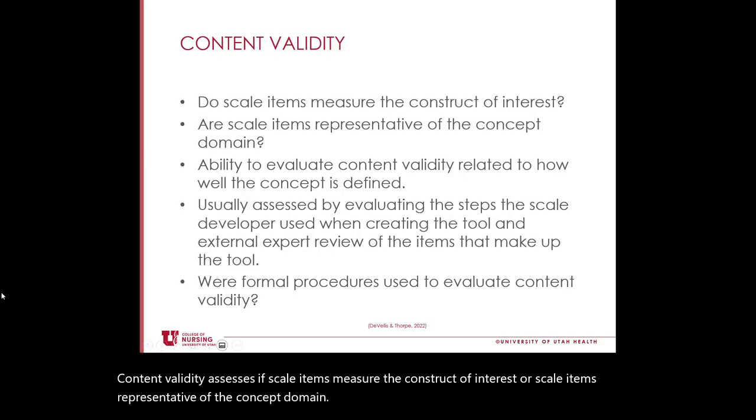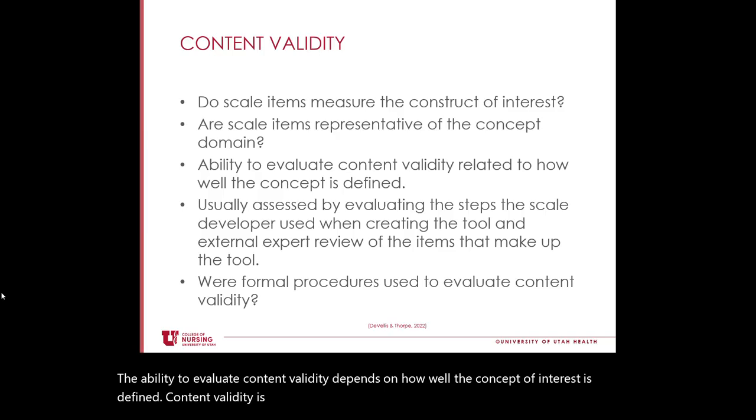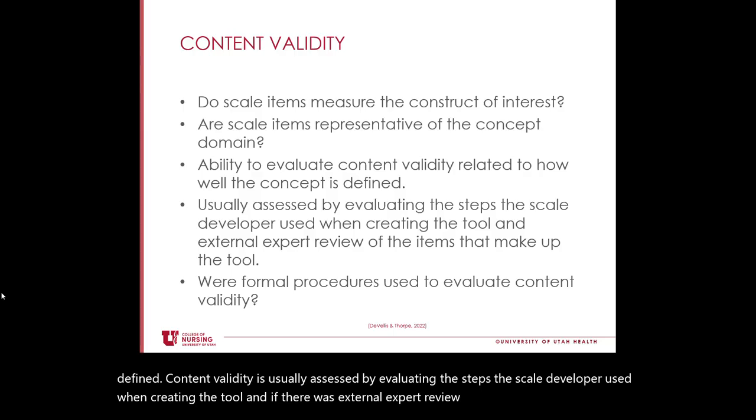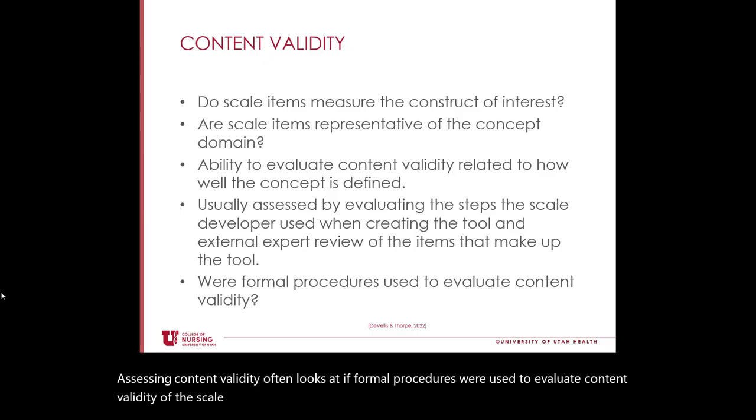The ability to evaluate content validity depends on how well the concept of interest is defined. Content validity is usually assessed by evaluating the steps the scale developer used when creating the tool, and if there was external expert review of the items that make up the scale. Assessing content validity often looks at if formal procedures were used to evaluate content validity of the scale and how rigorous those procedures were.